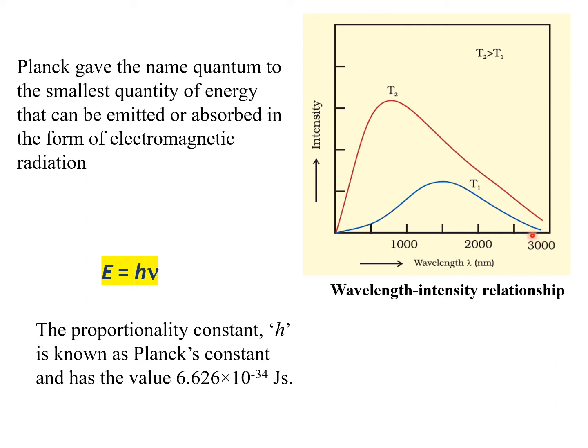As discussed in the last slide, at a particular temperature, as the wavelength decreases, the intensity first increases and reaches a maxima, and by further decreasing the wavelength, the intensity decreases. So at a particular temperature, we are talking about various wavelengths of the radiation that is emitted, and we know that this is not possible.